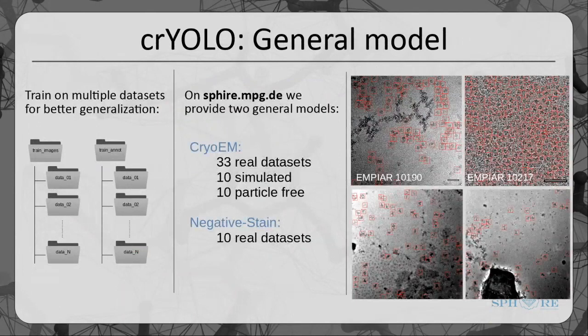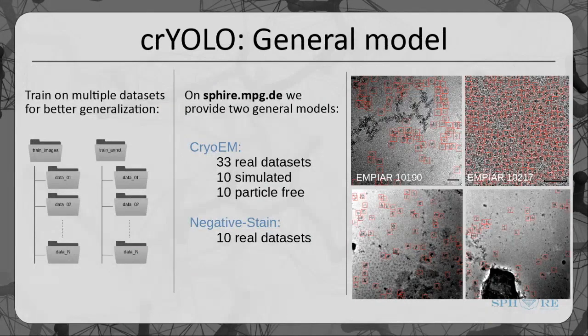We did that for cryo-EM and for negative stain. For cryo-EM, we used 32 real datasets, 10 simulated datasets, and 10 datasets with only contaminations and no particles, and trained crYOLO on them. The result is a model that is applicable to new datasets, and in principle you don't have to train on them.